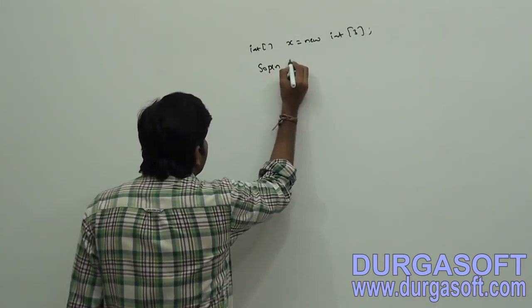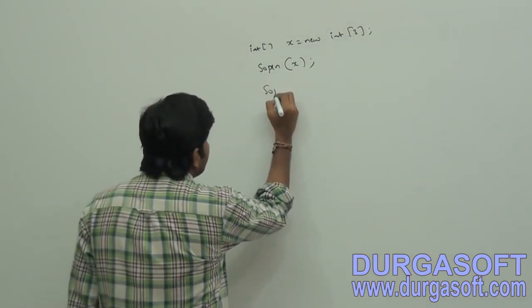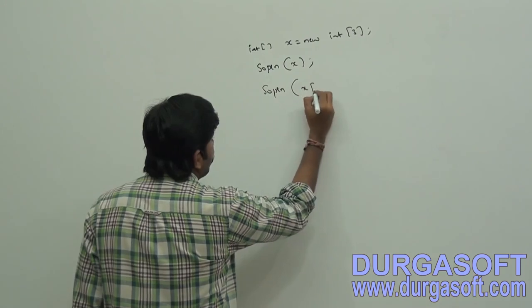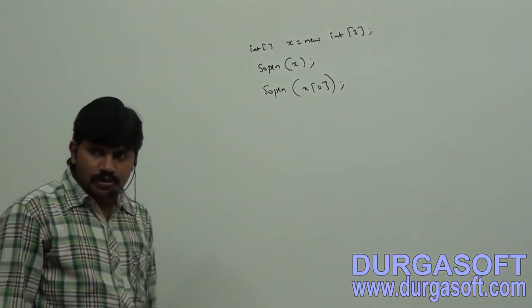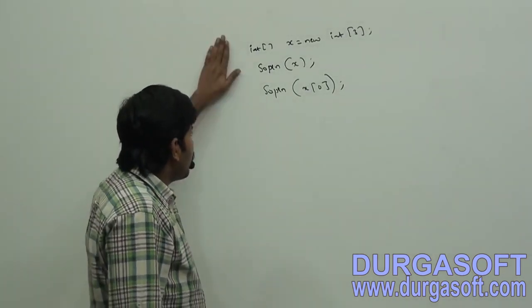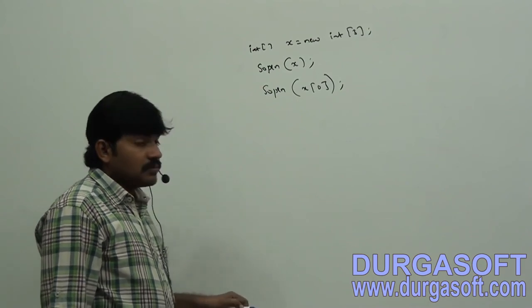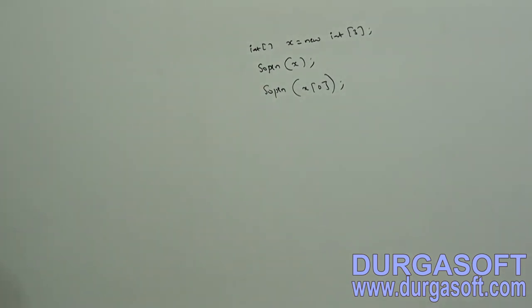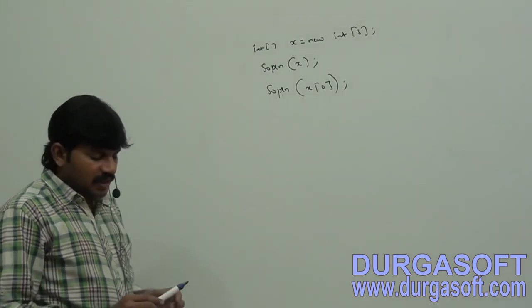System.out.println of x, SOP of x and SOP of x of 0. Can you tell what output we will get? In the first case what is the answer, in the second case what is the answer?